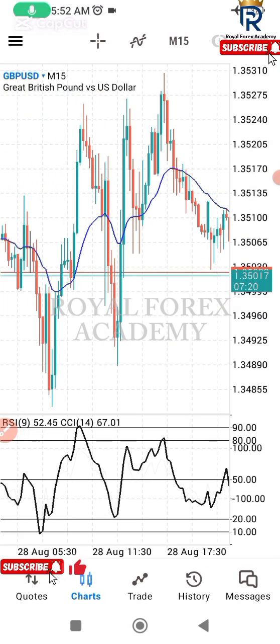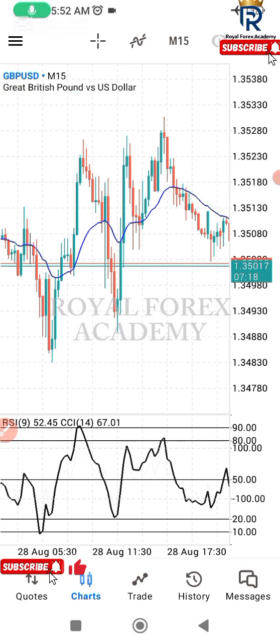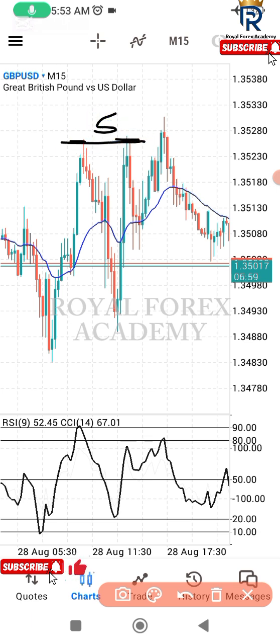The moving average exponential 20 is one of the indicators that can help you to escape price manipulation in terms of your entry. Here is a typical illustration. As you can see, this is a double top, and when you see this double top, there is a liquidity that is sitting up here.